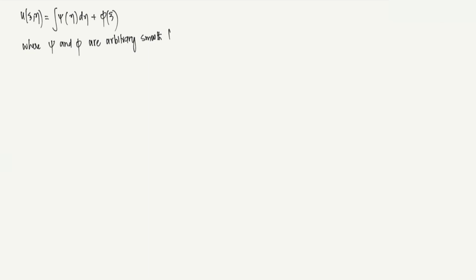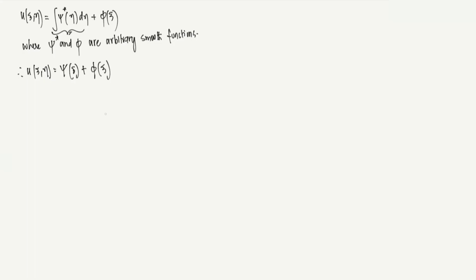Here, smooth functions. Okay, so of course we can, you see, this particular thing, maybe you can just write it like u star. See, this thing we can write like this. Therefore we can write this u of xi eta, this is some function of eta, right? So you can write it as psi of eta plus phi of xi.